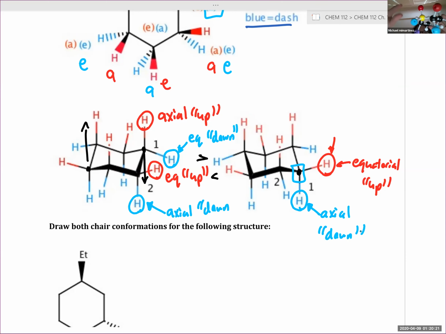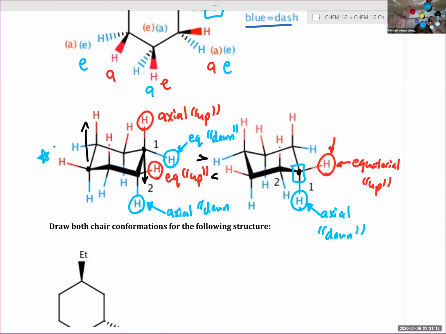now if we look on carbon 1, I'd like you to tell me, looking at this hydrogen after a ring flip on carbon 1, is this hydrogen now axial or equatorial? Equatorial, exactly. So that's why after a ring flip, we have this hydrogen right here that is equatorial pointing up.